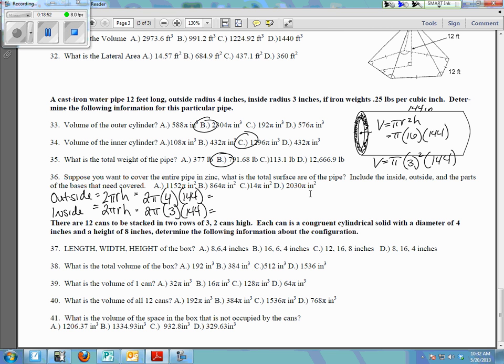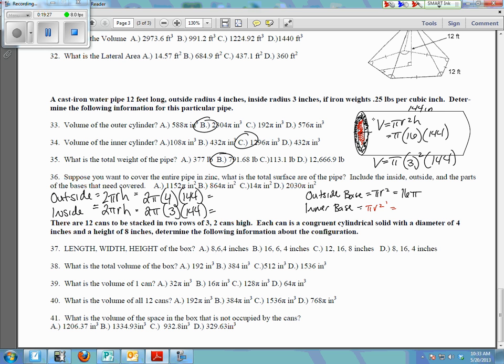The outer base, outside base, is going to equal pi r squared. So that's going to be 16 pi. The inner base, which is actually the area of this hole right here, this circle, let's color it red. That is going to be pi r squared as well.